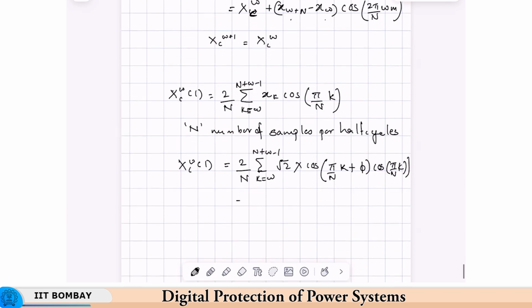So, same 2 cos A cos B kind of expression. So, that will give us root 2 x outside, k equal to W plus n minus 1, cos of 2 pi by n into k plus phi, plus cos of phi.